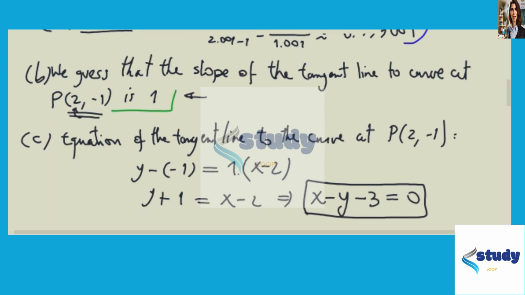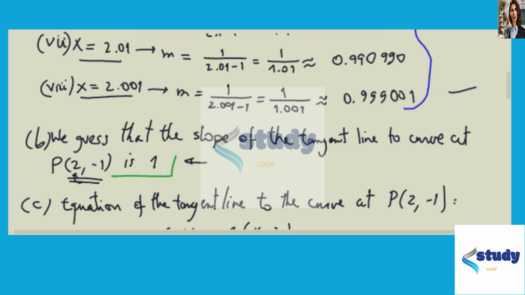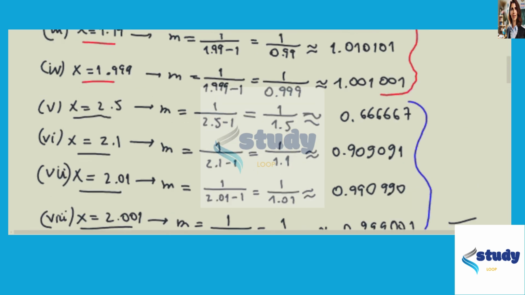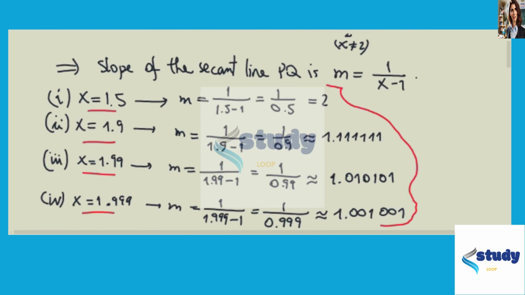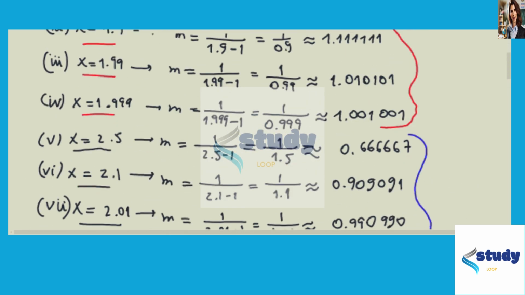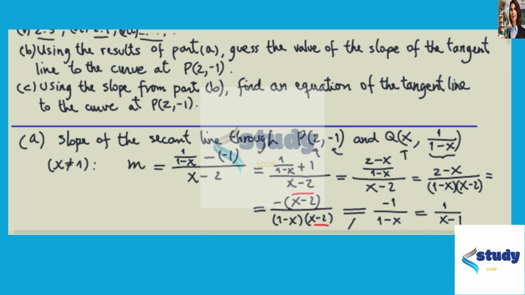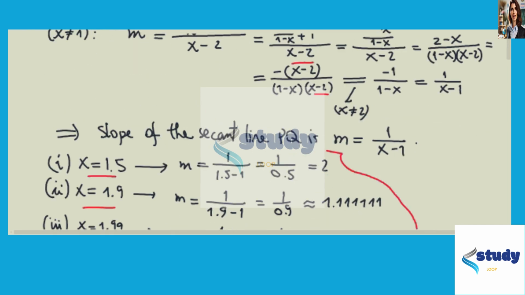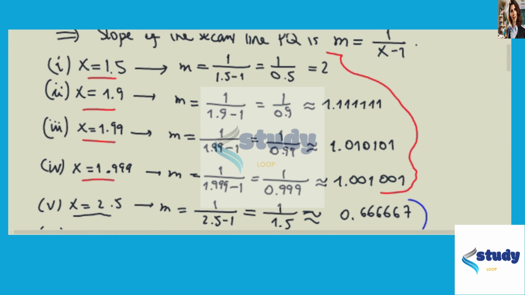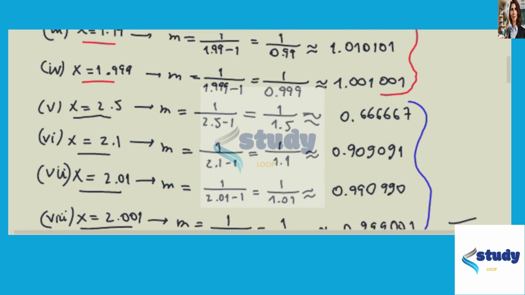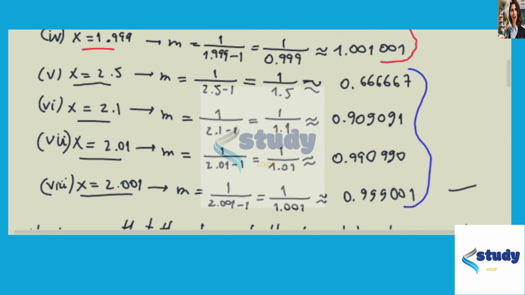And we have calculated the slope of the tangent line to the curve at that point P(2, -1) using the slopes of the secant lines to the curve, fixing the point P(2, -1) and moving the point Q by changing its first coordinate x and putting it closer and closer to 2 from the right and from the left.